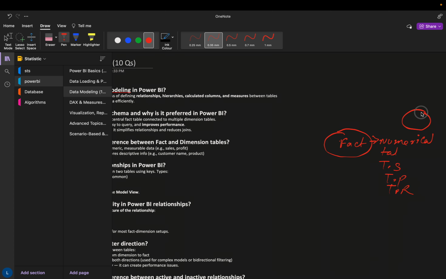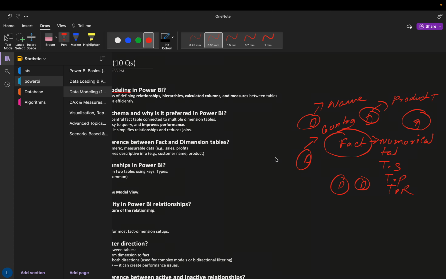And around the fact table we have dimension tables. Dimension tables provide descriptive information like product type, name of product, country and others.